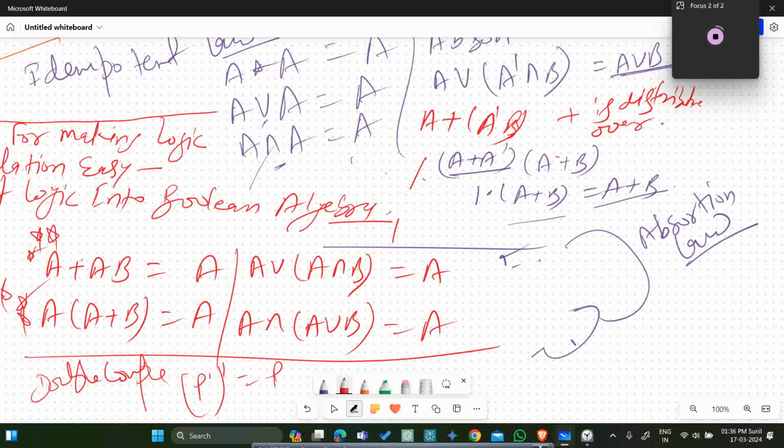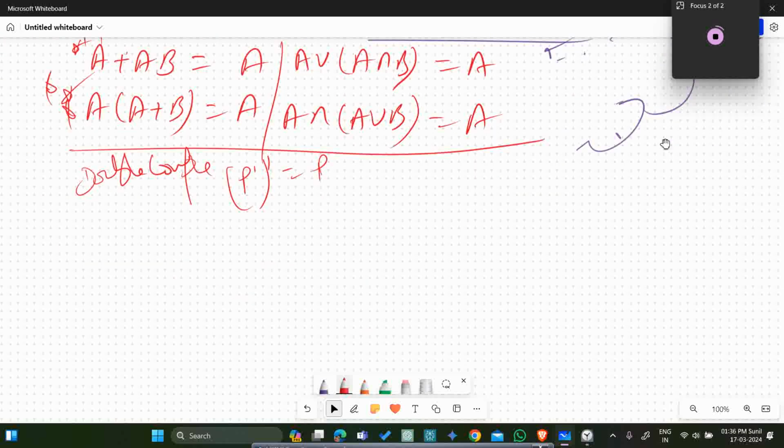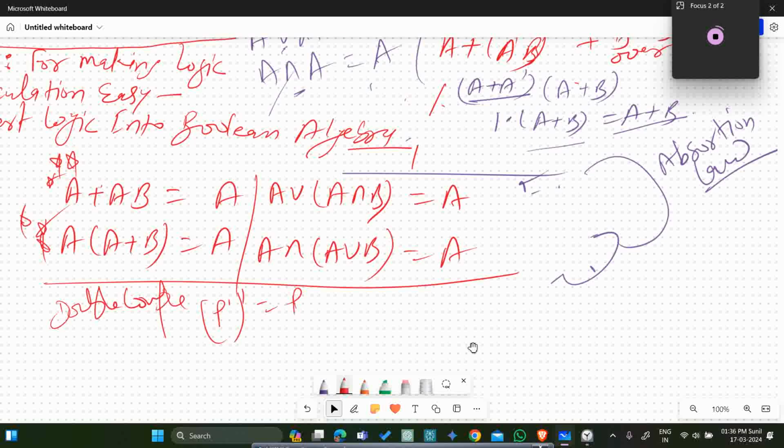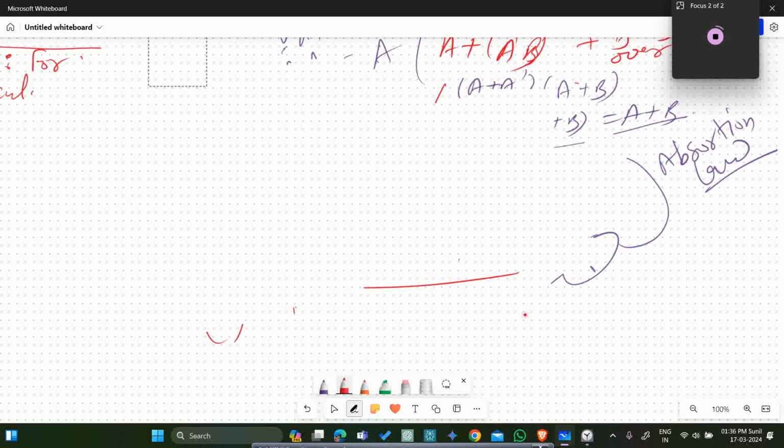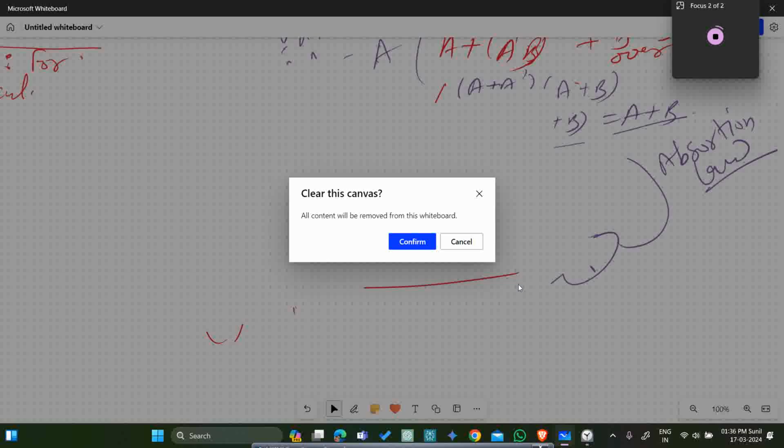What is De Morgan's law? Let's understand this. Can I clear the canvas for simplicity?